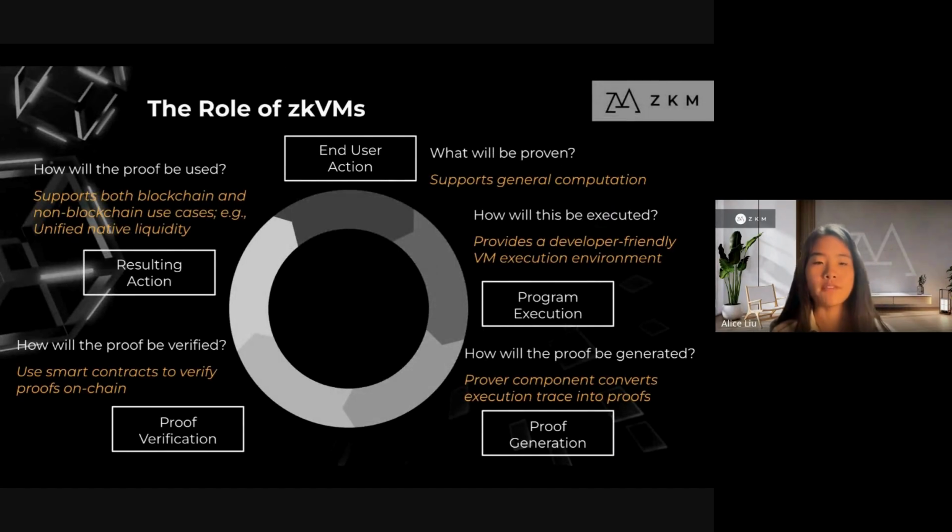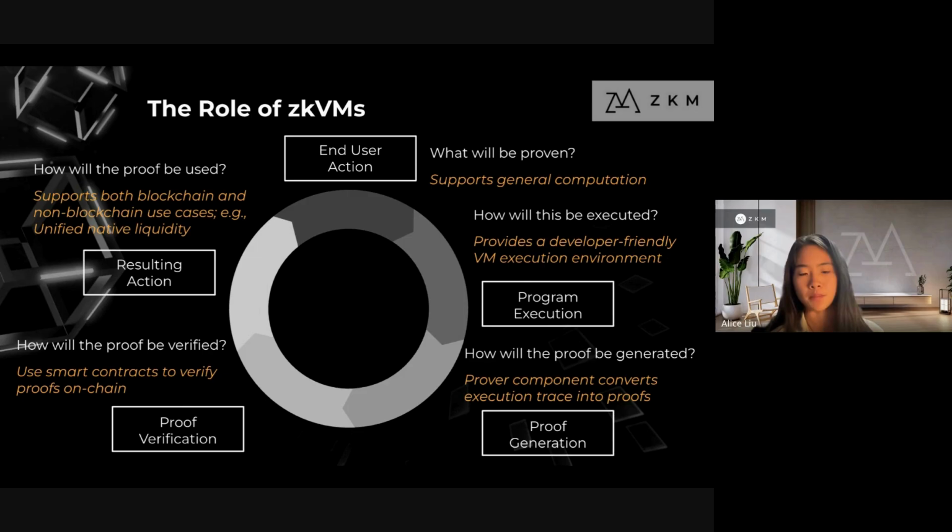So the role of ZK VMs here is that they handle every single part of this proof lifecycle process, from how this will be proven to how it will be executed, to the proof generation, proof verification parts, and then even how that proof will be used. So every part here in this proof lifecycle is assisted by ZK VMs. So that's the main value proposition here.